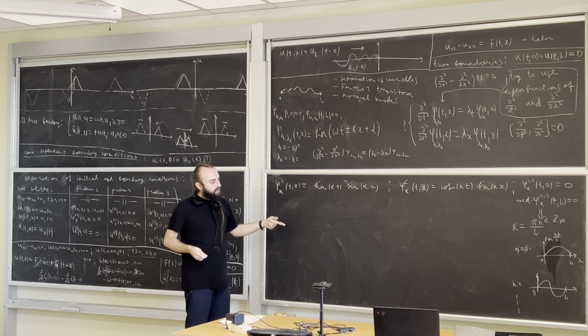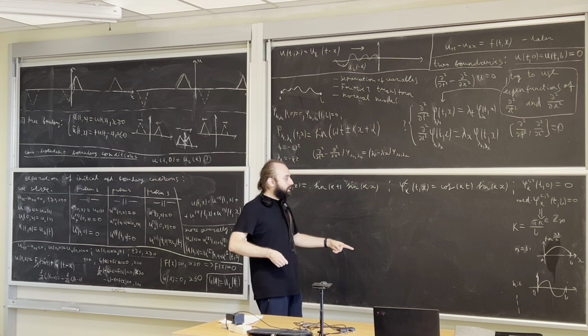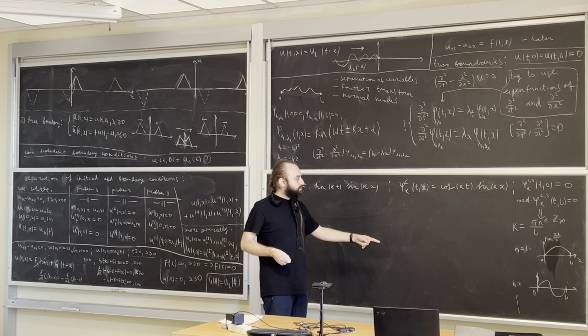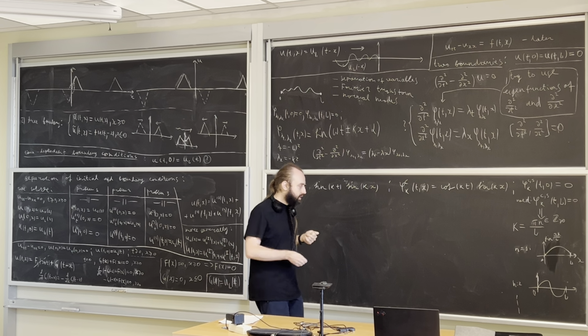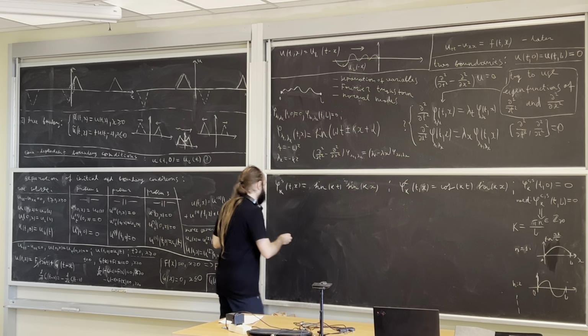So we know that if we want to satisfy both the equation and boundary conditions, we can take appropriate k and then take an arbitrary linear combination of these phis.